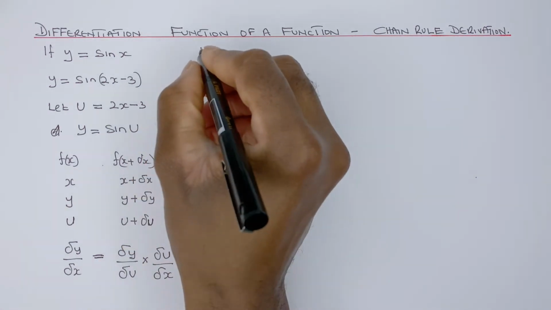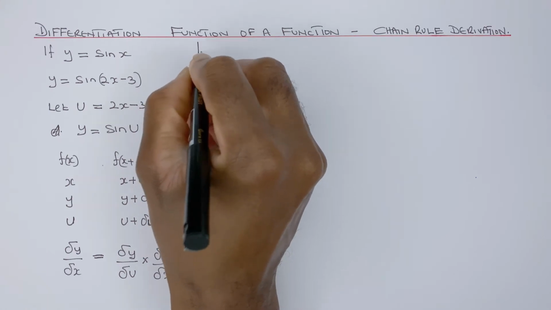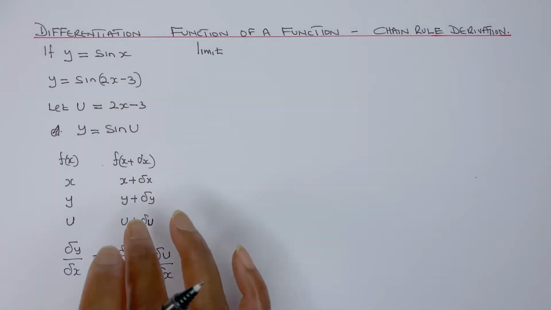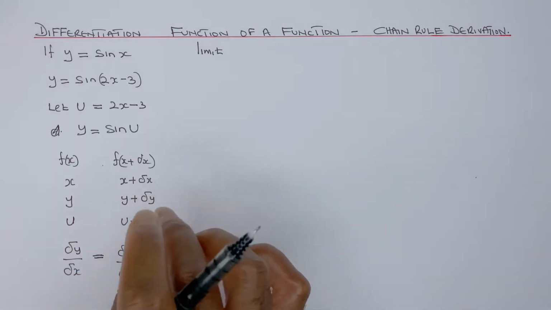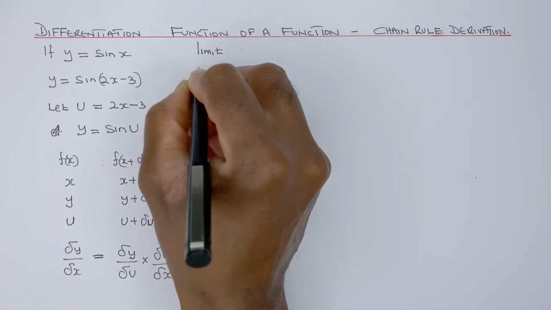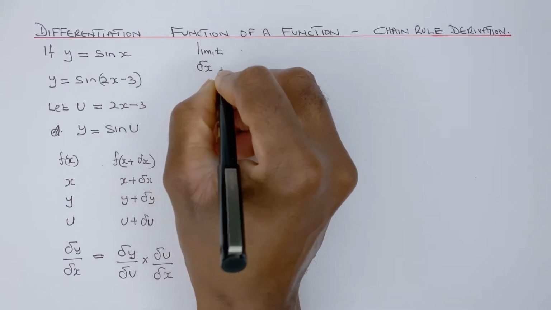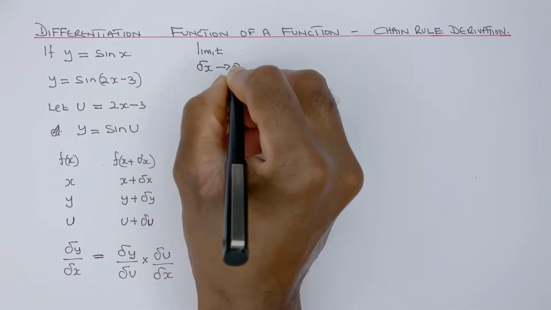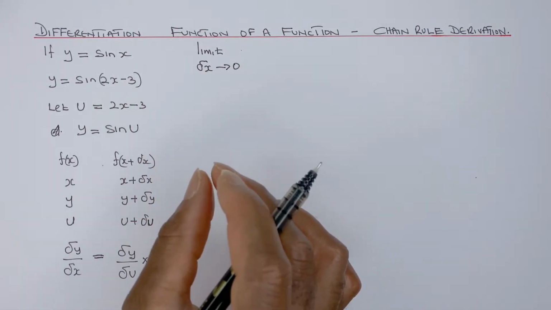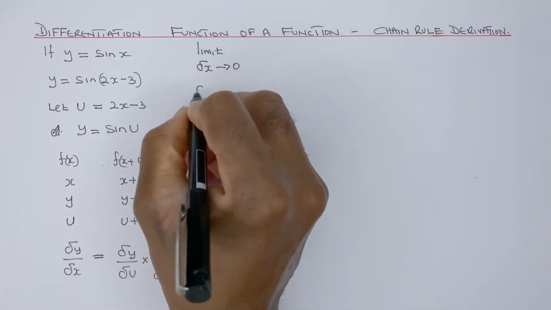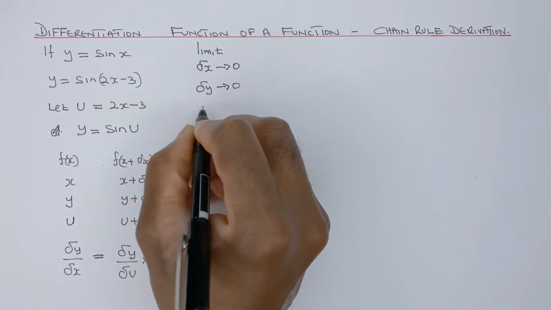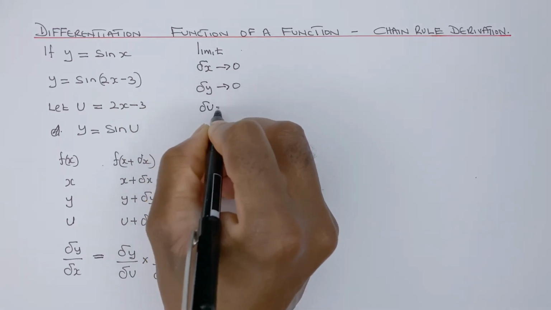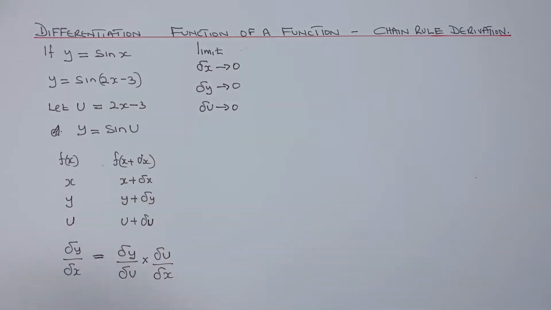So now in the limit, which means that when it changes by a small finite value, we say delta x would tend to 0 because we want a very small change. Delta y will also tend to 0. Delta u would tend to 0.